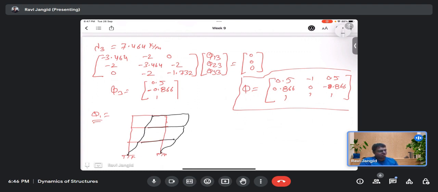So that is how much? That is 1. Okay, that is 0.866, and that would be 0.5. Okay, now corresponding to φ2.